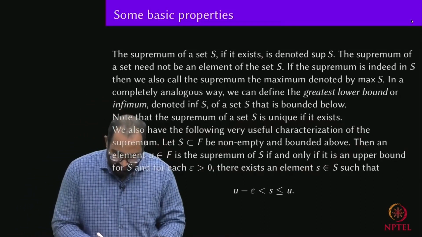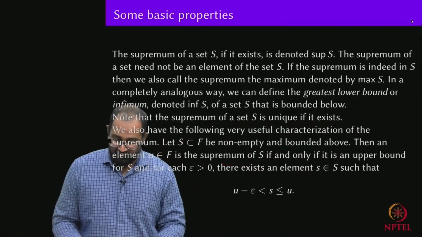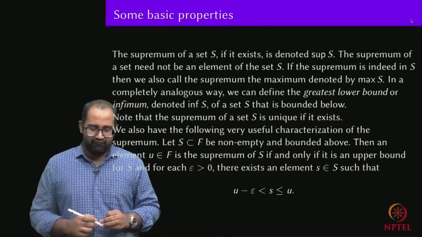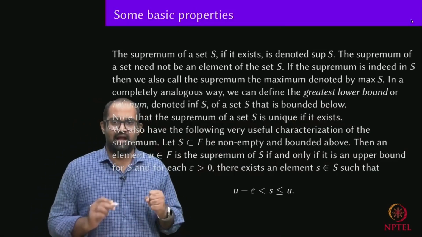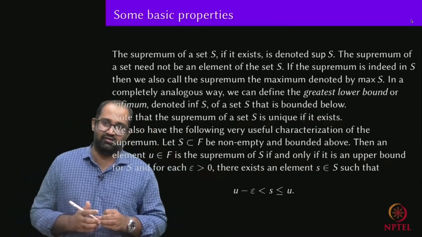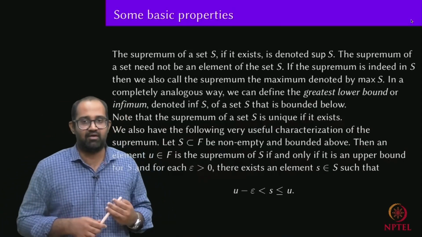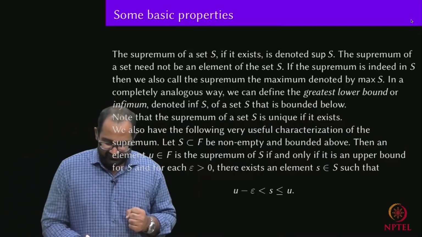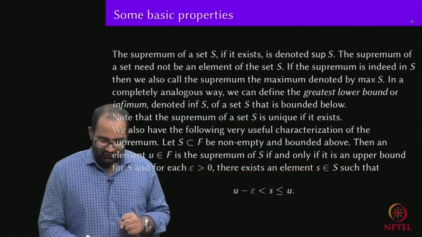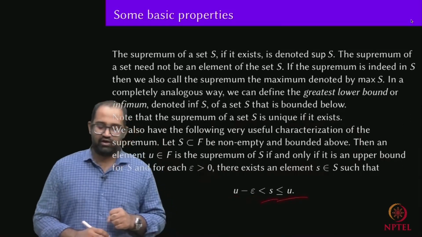An element u in F is the supremum of S if and only if, first of all, it is an upper bound of S, and if you take any number that is positive, typically called epsilon, for historical reasons we always call really small positive numbers epsilon, there exists an element s in S such that u minus epsilon is less than s, which is less than or equal to u.